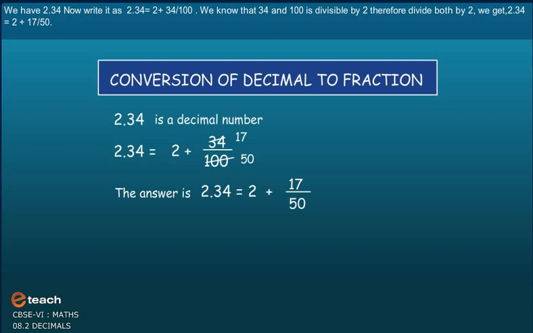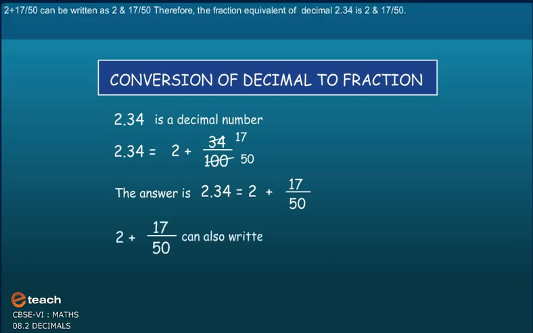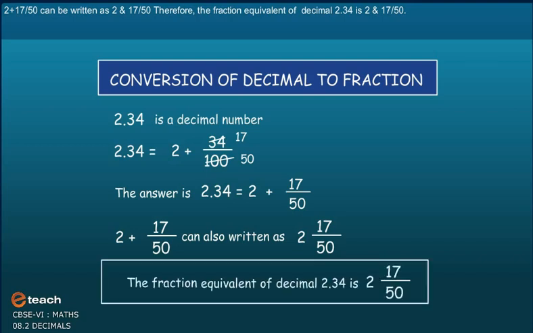We get 2.34 is equal to 2 plus 17 by 50. 2 plus 17 by 50 can also be written as 2 and 17 by 50. Therefore, the fraction equivalent of decimal 2.34 is 2 and 17 by 50.